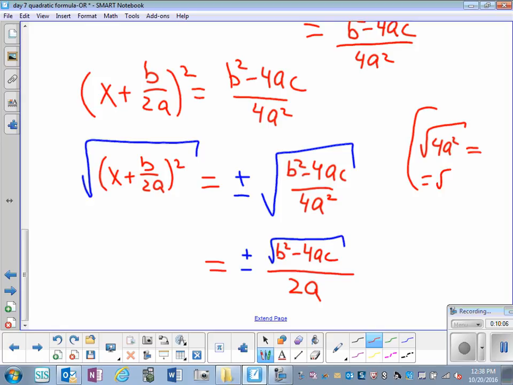So this is just like the square root of 4 multiplied by the square root of a squared, so I can simplify each, all good. But when I'm looking at the numerator, I have the square root of a difference, right? So I cannot just take the square root of b squared and the square root of 4ac separately, because it's the square root not of a product but of a difference. So it has to stay as this.